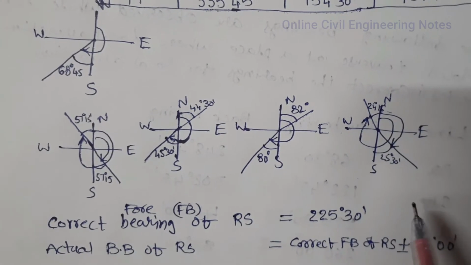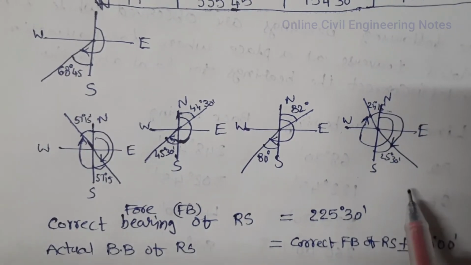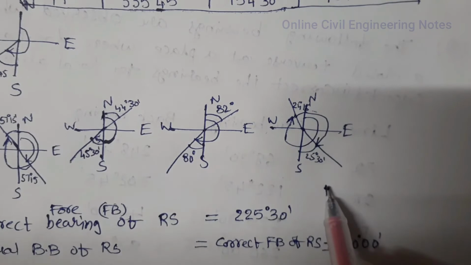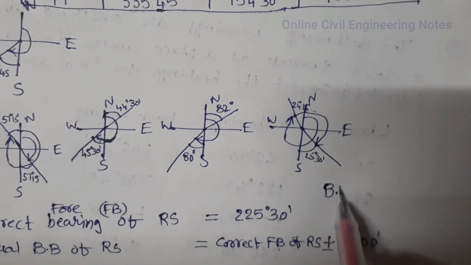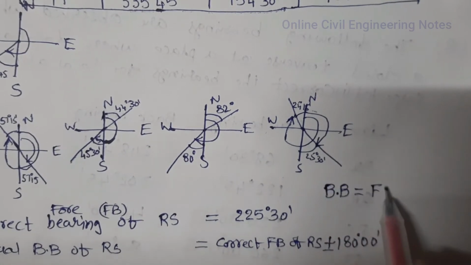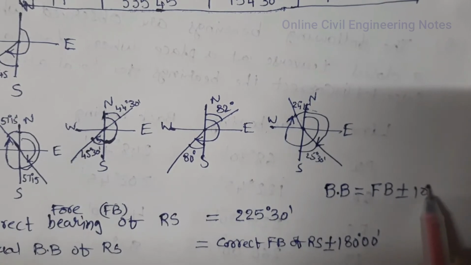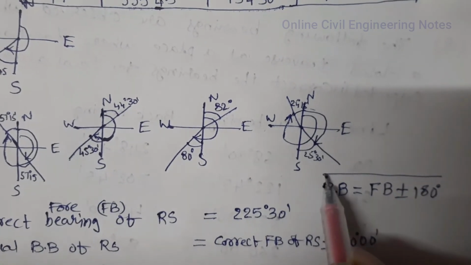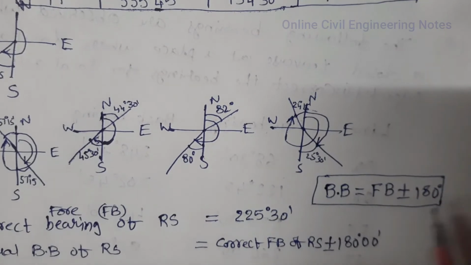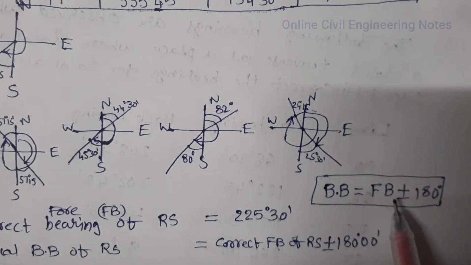Here we should remember that back bearing is equal to fore bearing plus or minus 180 degrees. If the fore bearing is less than 180, you take positive sign.